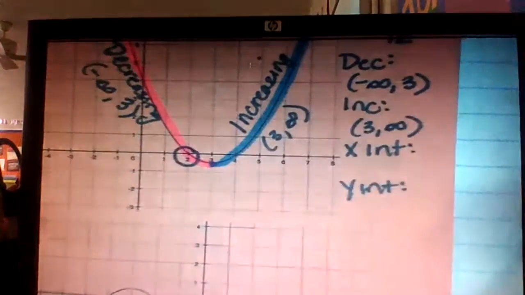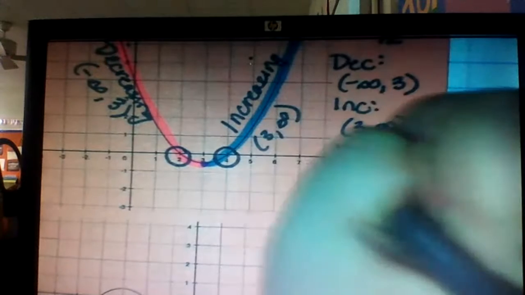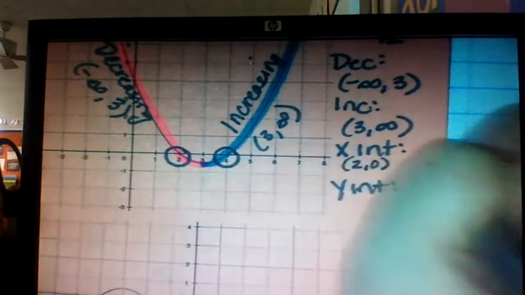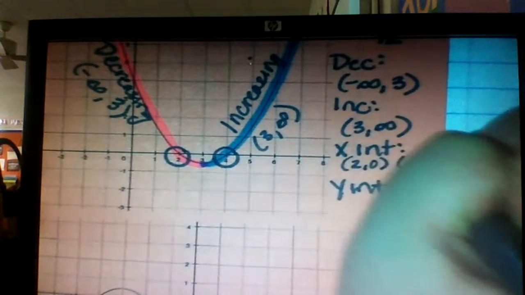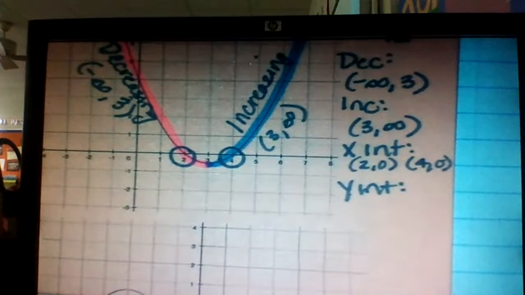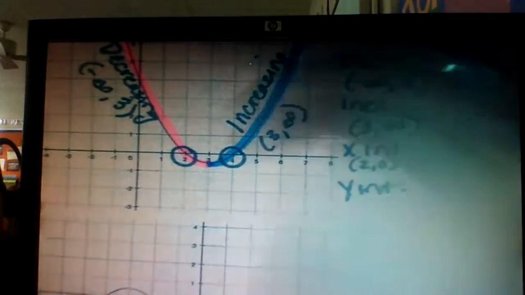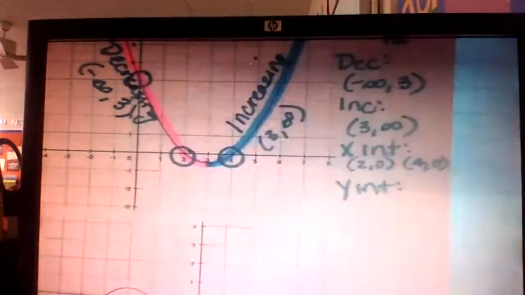So I cross the X-axis here and here. So that's (2, 0) and (4, 0). Y-intercept then is where do I cross the Y? We cross the Y-axis at (0, 4).